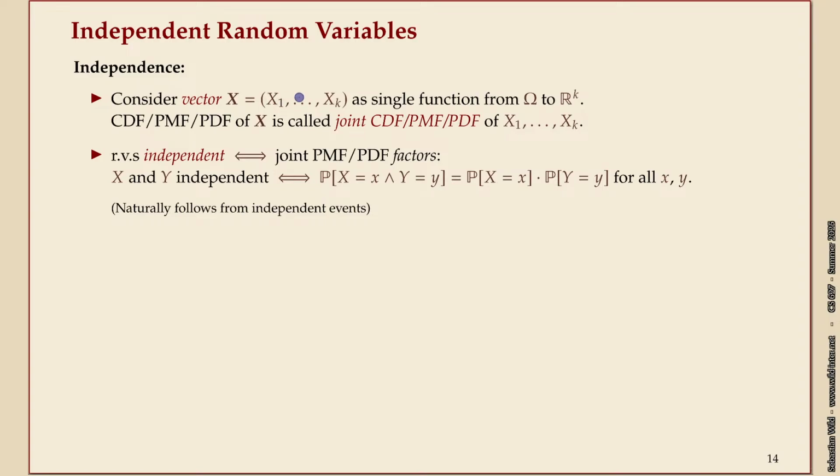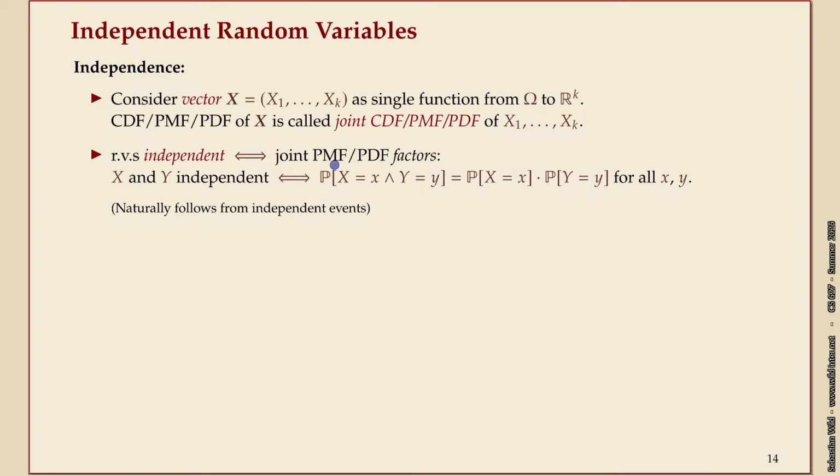And we can look at individual components of the vector and then look at the marginal distribution of that, or the marginal functions. And now a collection of random variables is independent if their joint distribution, their PDF or their PMF, factors.